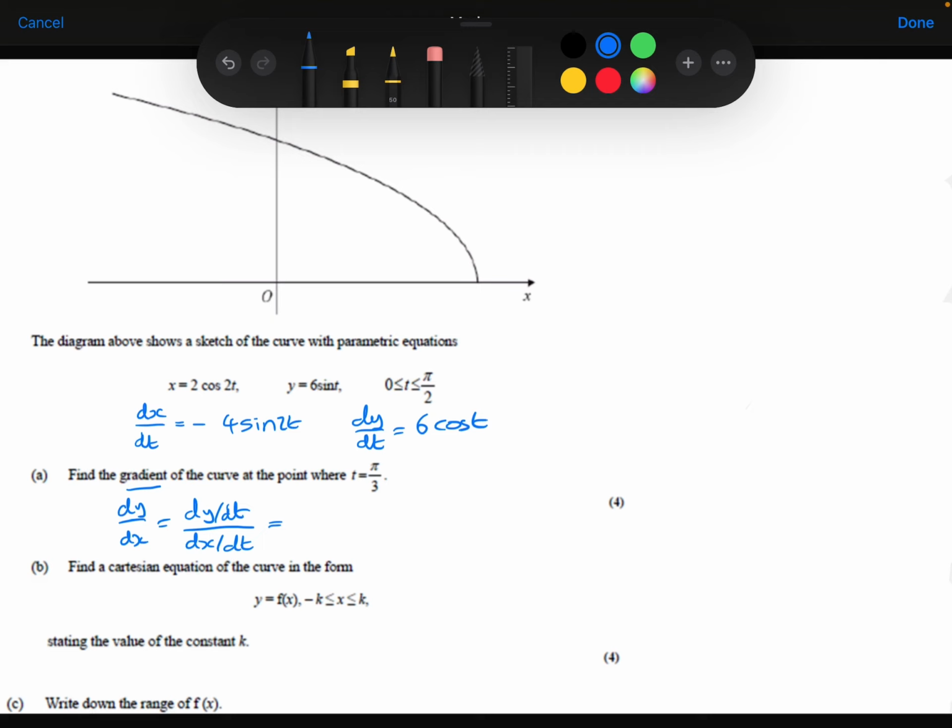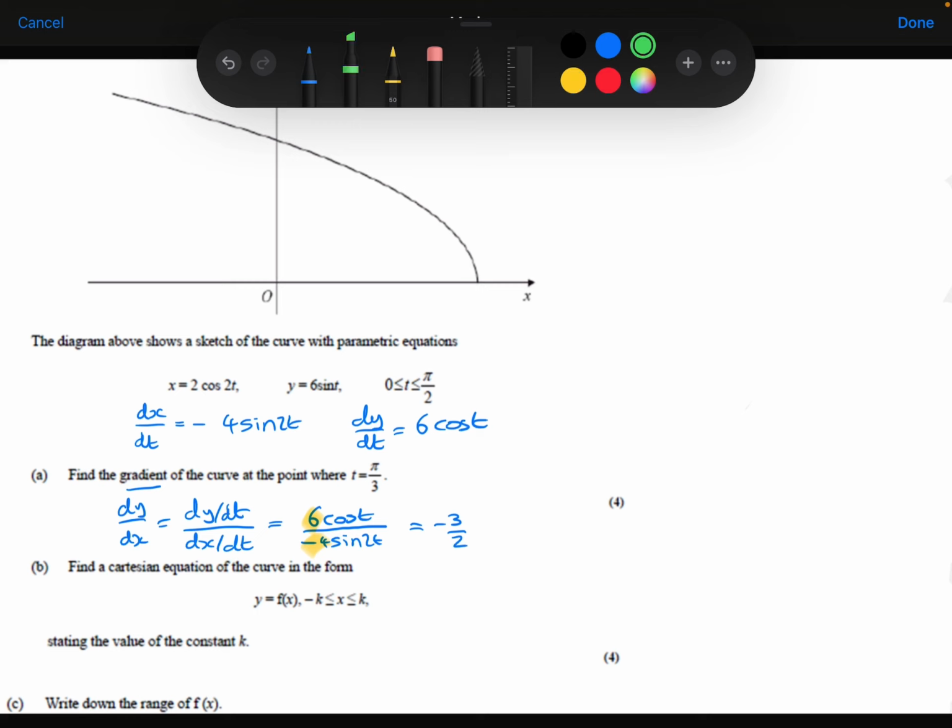So I can then substitute those into my gradient function. So my dy by dt divided by my dx by dt. I can simplify this a little bit. The 6 divided by the minus 4 is minus 3 over 2.